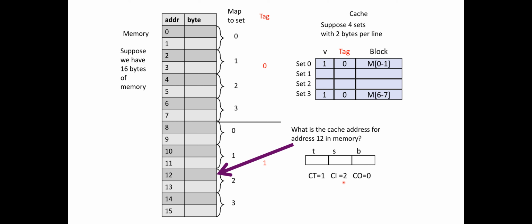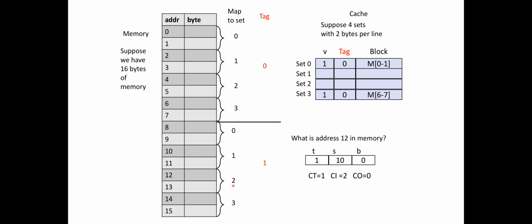set 2, and in your book these are called CT, CI, and CO: the tag, the set index, and then the offset into the set. Now, this offset being 0 in this case is because byte 12 of memory is in the 0th position in the line that it maps to in set 2.